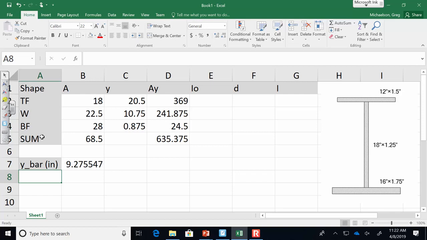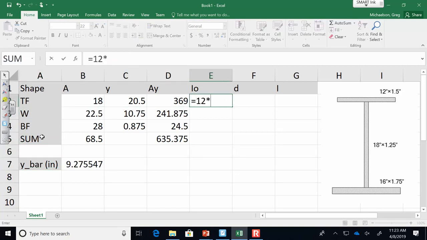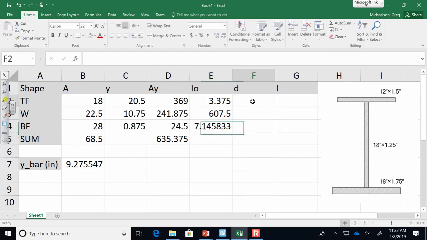Now, if you're trying to calculate a section modulus, you got to take it a step further. You got to compute your moment of inertia. So we say, okay, this is 12 times 1.5 cubed over 12. This is 1.25 times 18 cubed over 12. This is 16 times 1.75 cubed over 12. This is that minus that.